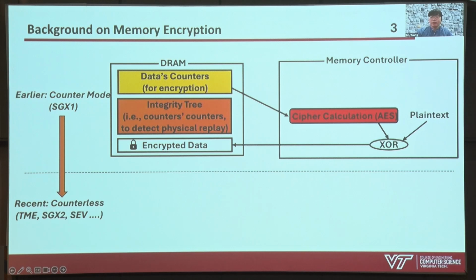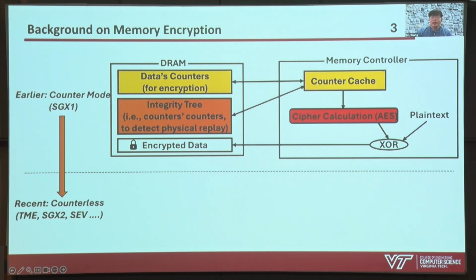Counter-mode protects counters with an integrity tree to securely detect physical replay. The physical replay can revert memory blocks to older values via physical access to memory. The CPU caches counters and integrity tree nodes to minimize DRAM bandwidth overhead. But irregular workloads suffer from a high miss rate in the counter cache, incurring significant DRAM bandwidth overhead.